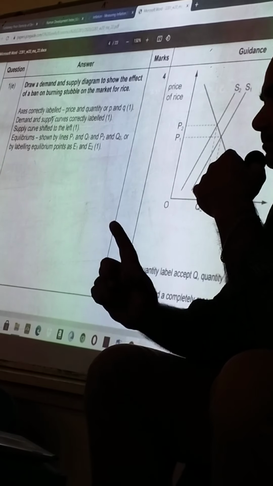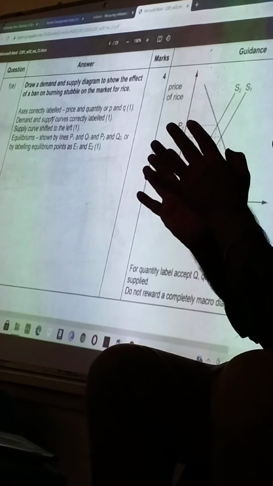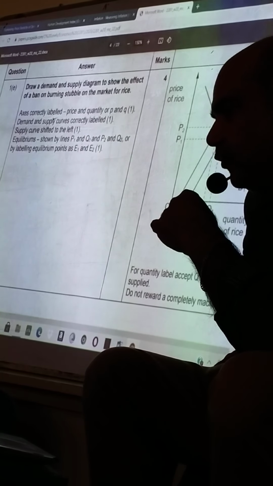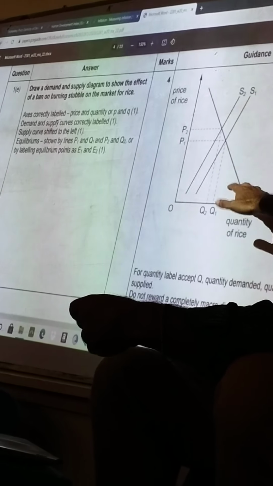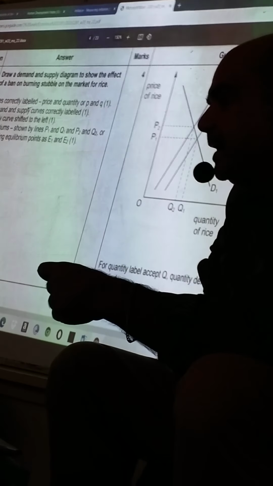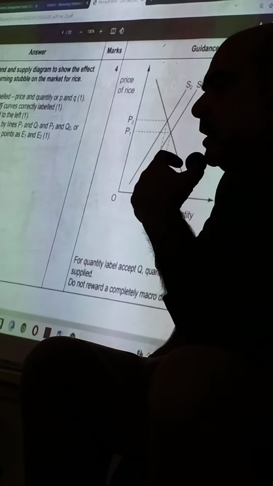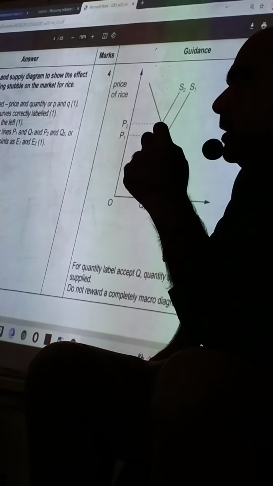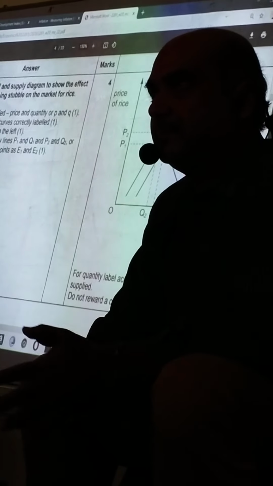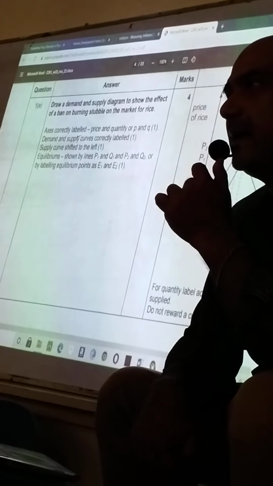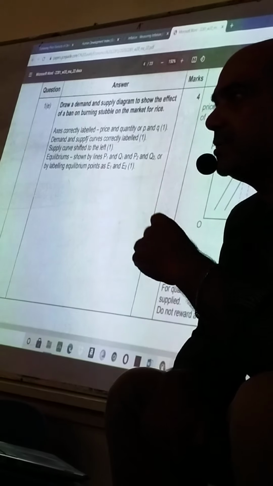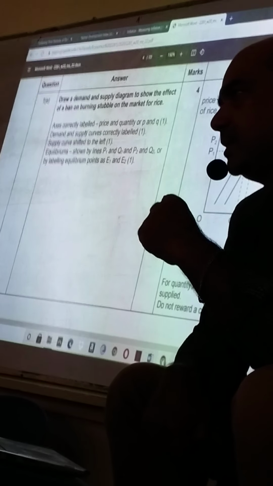Okay. As this is a 4-mark question, you will get all the 4 marks on the labeling and the correct direction of the arrows. This is my suggestion. Don't leave any demand and supply diagram without a brief explanation.